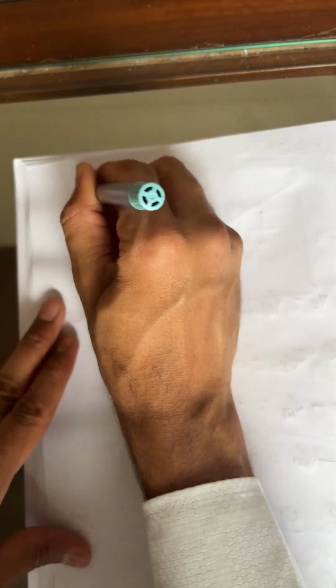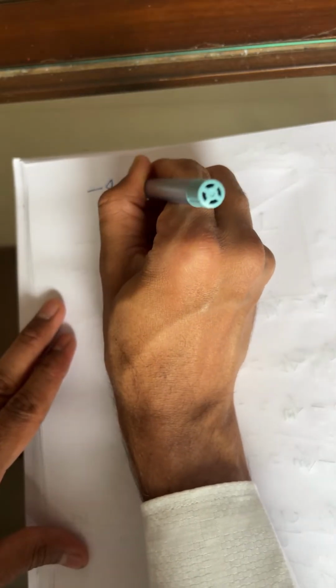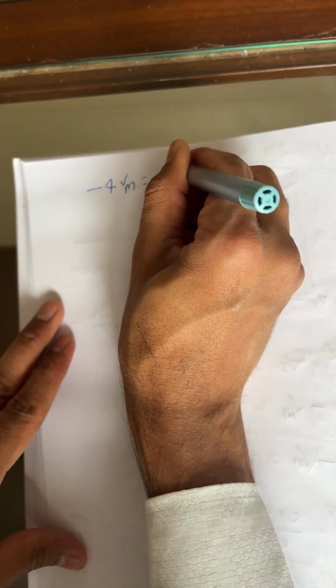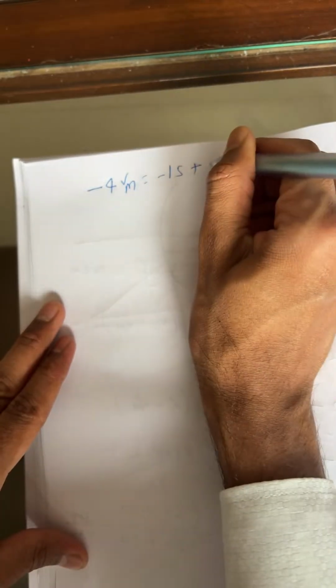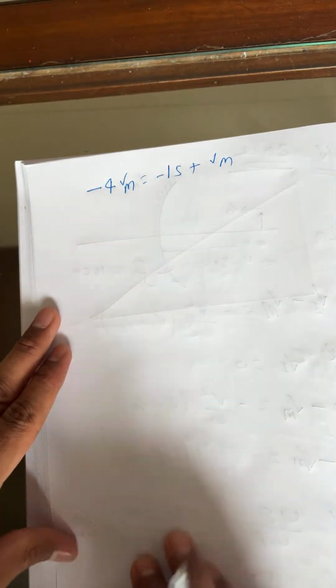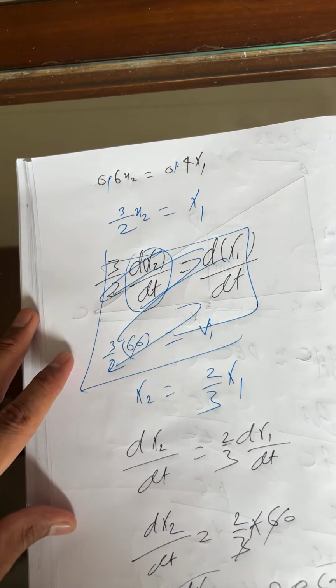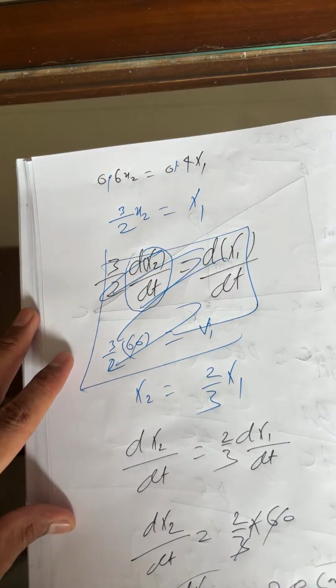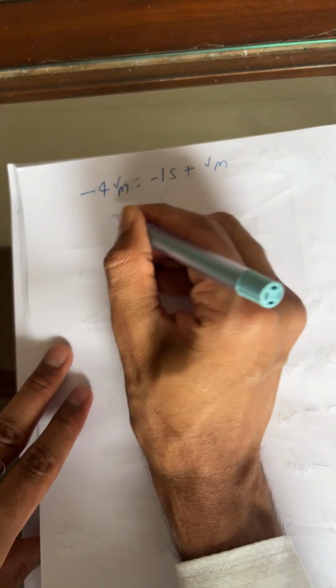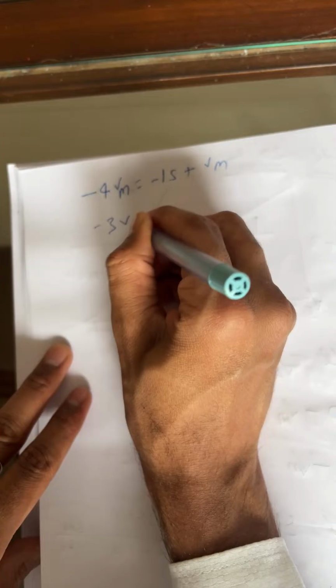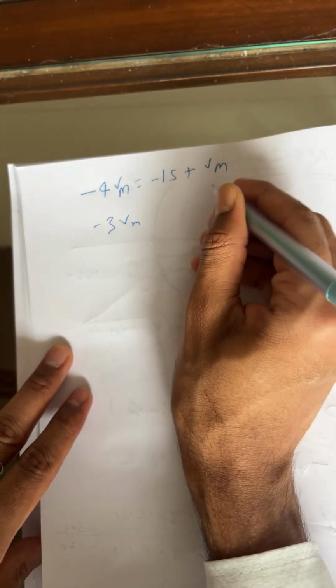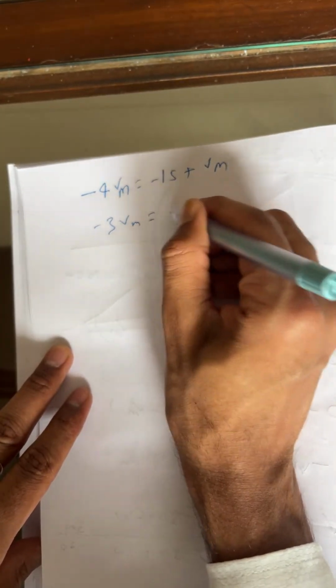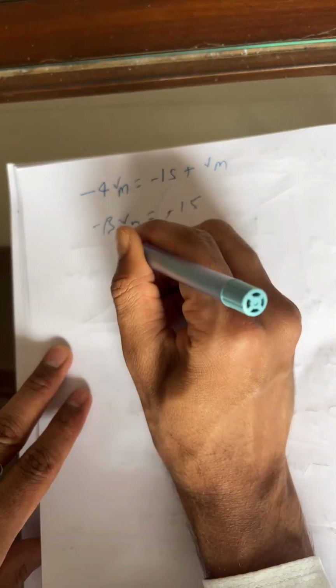You can say minus 4 times VM is equal to minus 15 plus VM. Minus, minus, plus. Okay. So this is thrice of VM is equal to minus 15 here. Cancel.